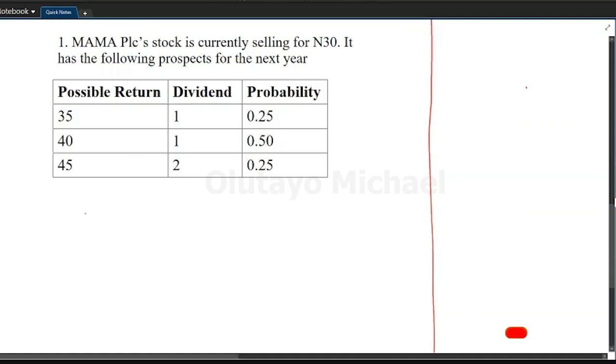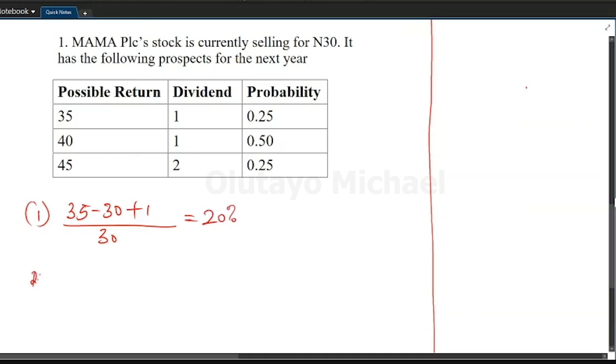We calculate the return like new minus old over old. Of course, for scenario one, we say new price, which is 35 naira, minus 30 naira old price, plus dividend of 1 naira, everything divided by old price of 30 naira. So this gives 20%.